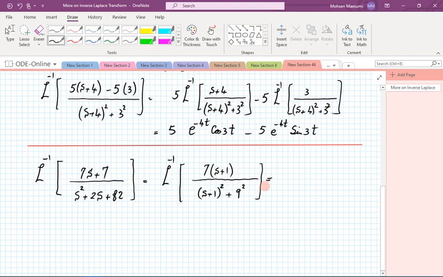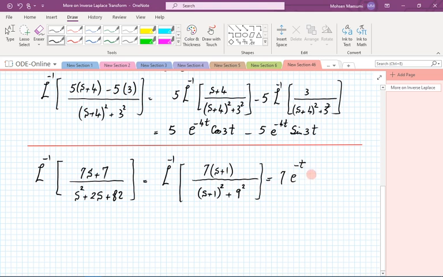Again, in a few seconds, pause this and quickly tell me what the answer is. So that 7 is a multiple. The addition here refers to the attenuation. You have to take this with the negative sign, exponential of minus t, and this is telling you the frequency, or the pseudo frequency.